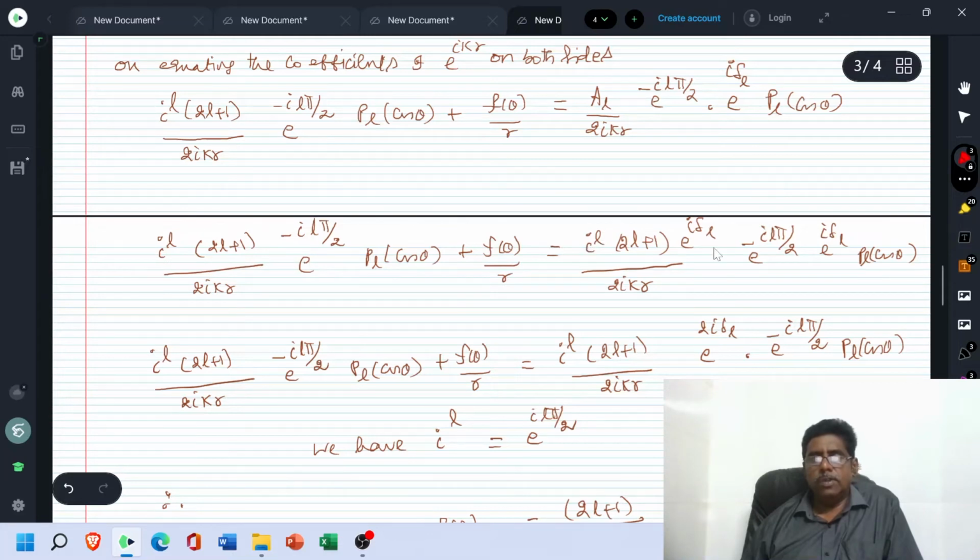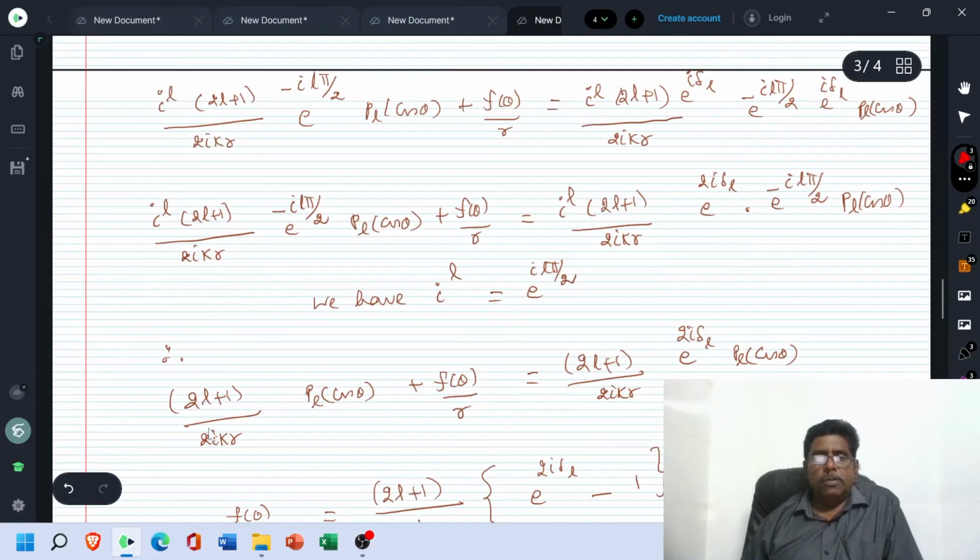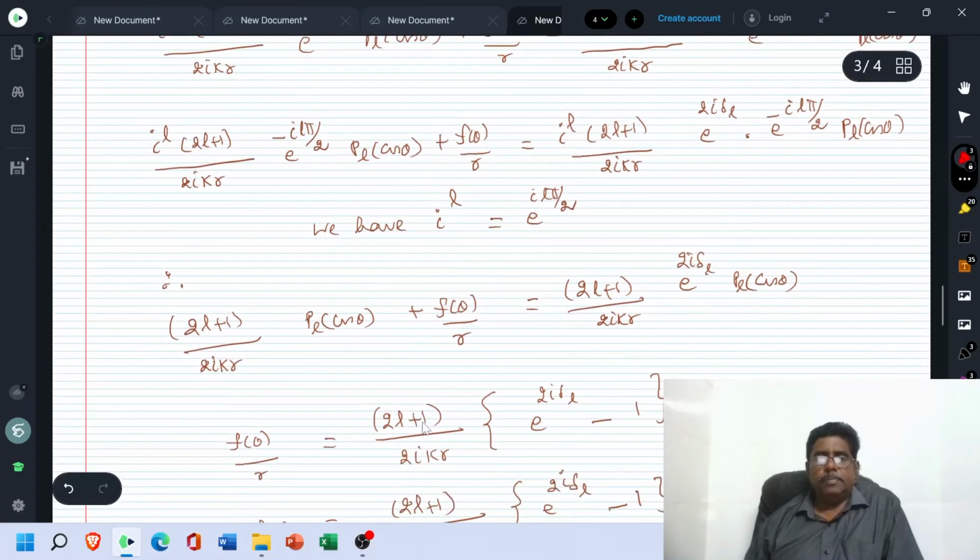Here also, these two terms are cancelled out. Therefore, we can write (2l+1)/(2ikr) P_l(cos θ) f(θ)/r is equal to (2l+1)/(2ikr) e^(2iδ_l) P_l(cos θ).